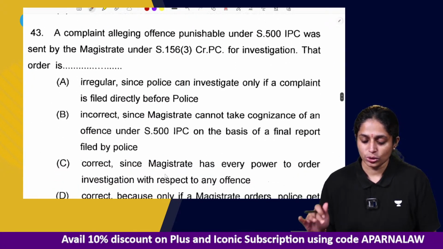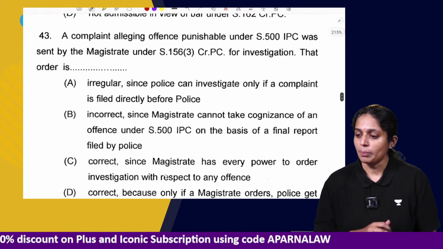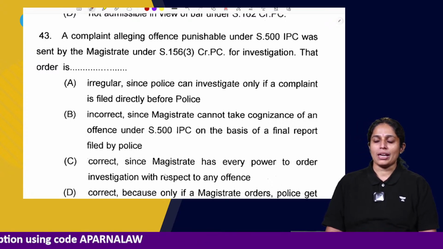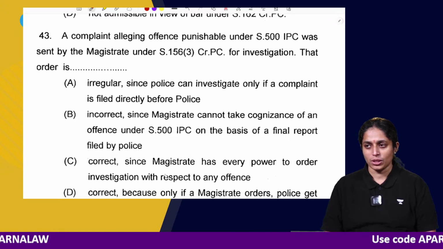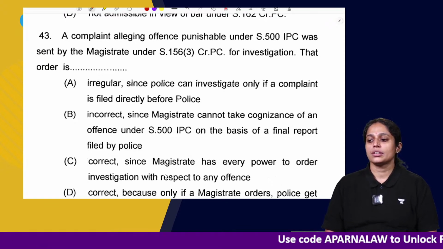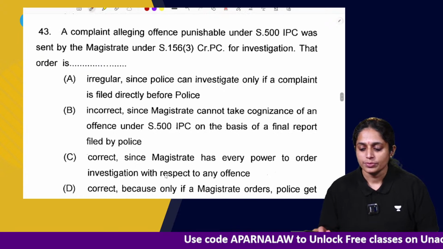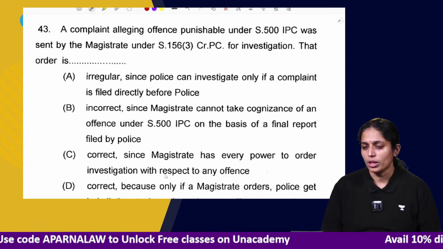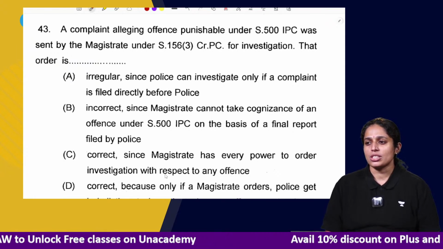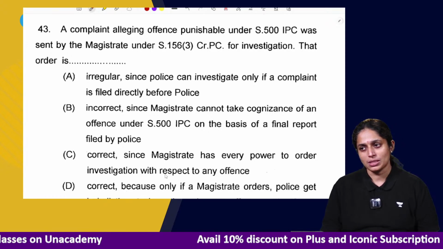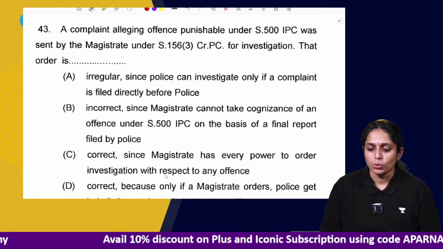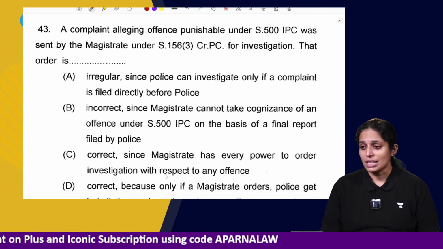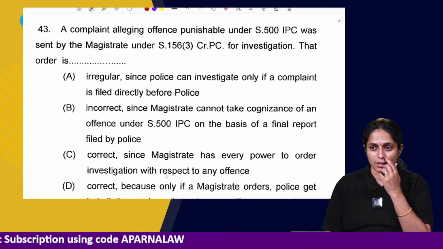So the 43rd question. A complaint alleging an offence punishable under section 500 IPC was sent by the magistrate under section 156(3) CRPC for investigation. That order is: A. irregular, since police can investigate only if a complaint is filed directly before police. B. Incorrect, since a magistrate cannot take cognizance of an offence under section 500 IPC on the basis of a final report filed by the police. C. Correct, since a magistrate has every power to order investigation with respect to any offence.